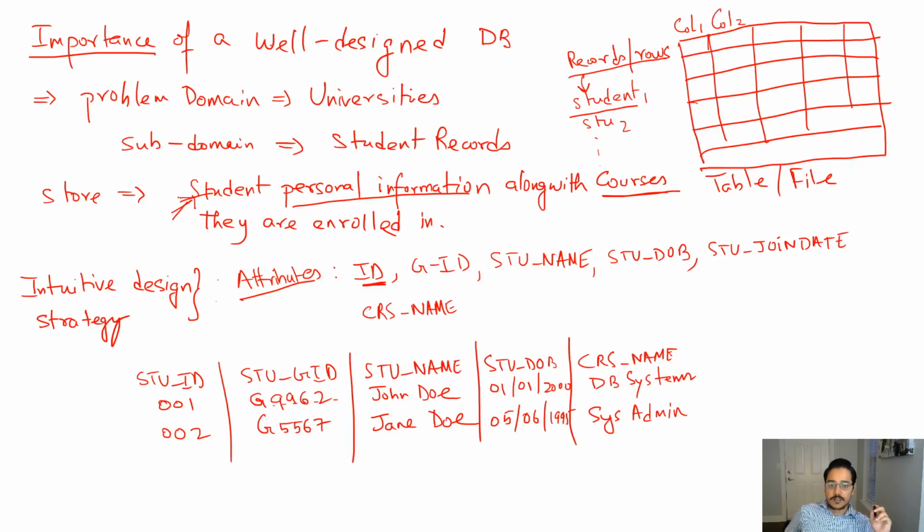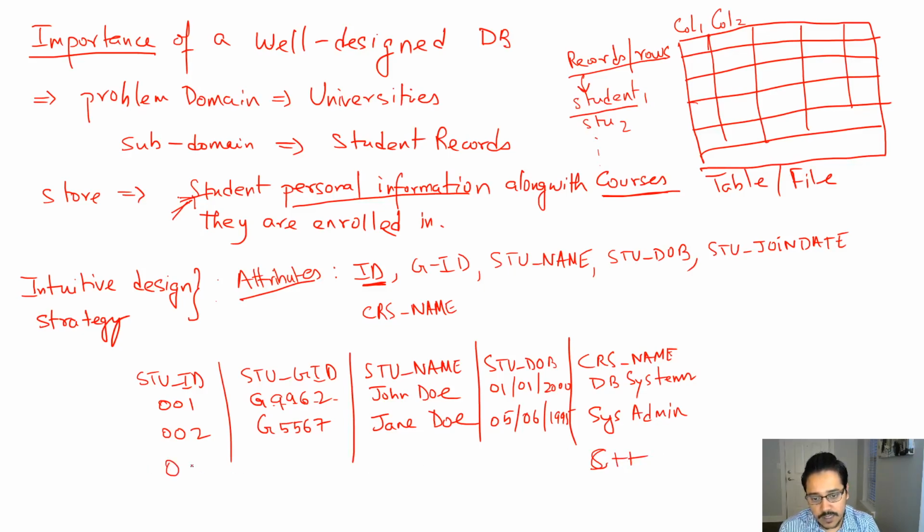The first one is you can repeat the whole thing and then add the different course that they're enrolled in. So if Jane wants to enroll in, let's say, a course called Intro to Programming, let's say C++ programming, something along these lines, right? So they want to enroll in this particular course.